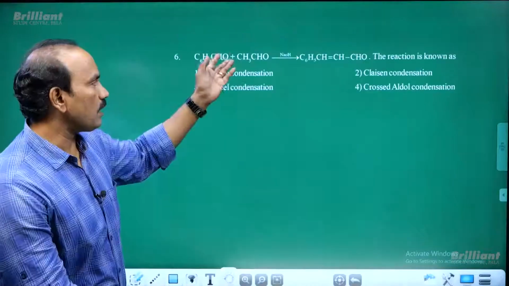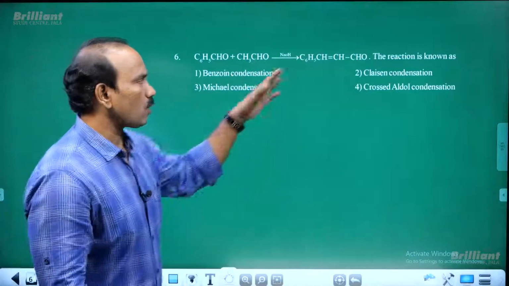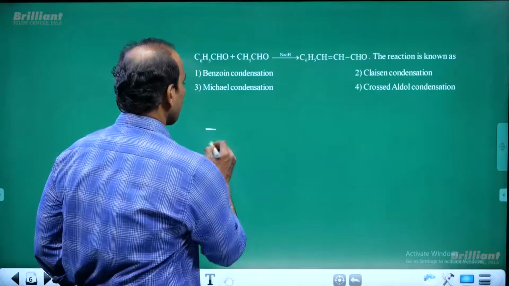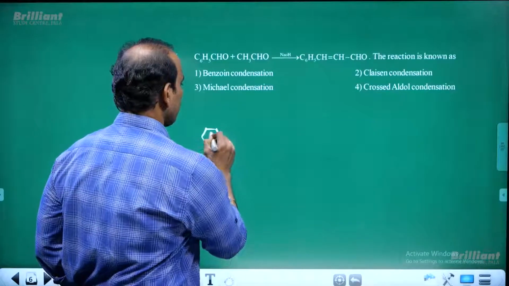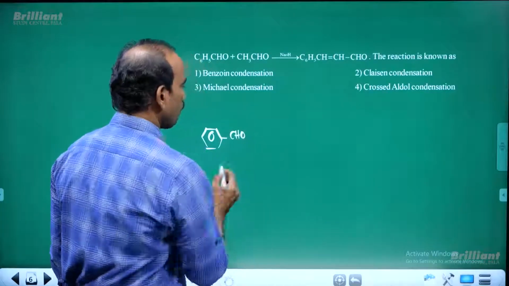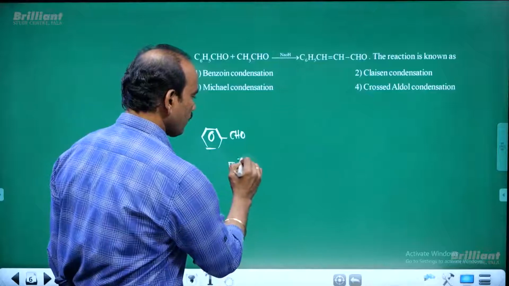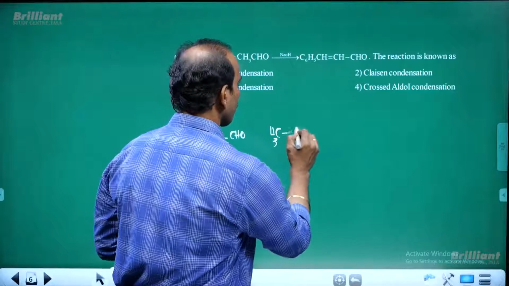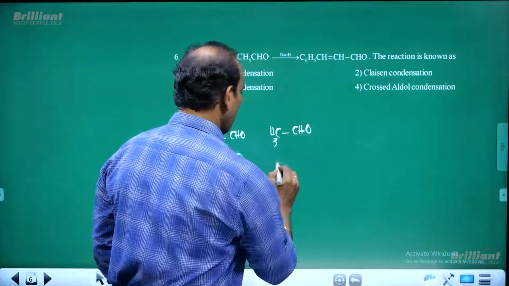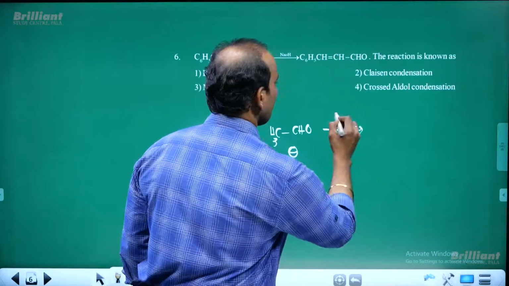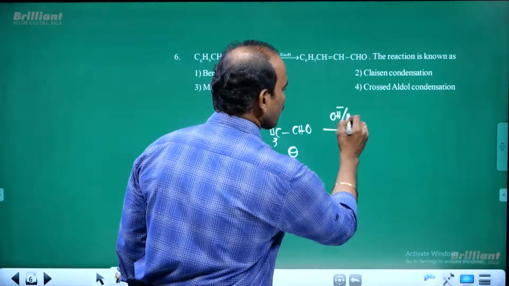Next one. Aldehyde with, this is a crossed aldol reaction. This is C6H5CHO. It acts as the electrophile. Then CH3CHO acts as the nucleophile. It is treated with base and heated.